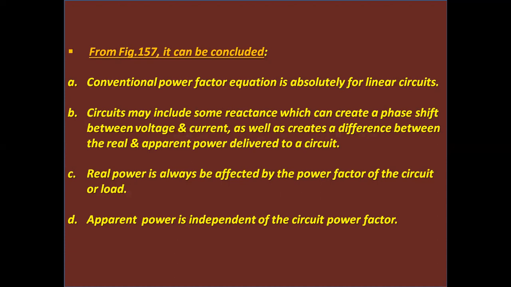C, real power is always affected by the power factor of the circuit or load. D, apparent power is independent of the circuit power factor. These four criteria are very important.